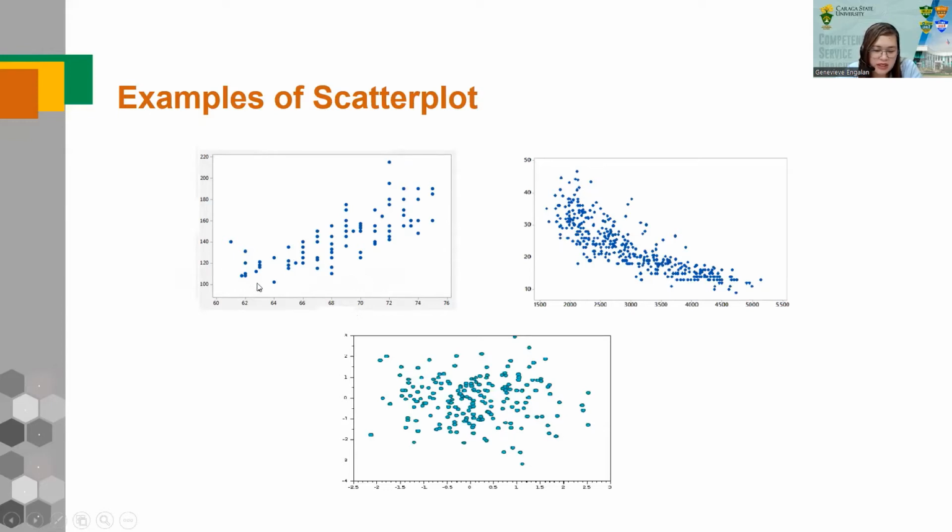So kung kitaon dire, this one has a trend, murag pasaka dito, no? So mag-taas ang x, mag-taas pud ang y, pasaka siya. So possible kung tanaw nato ang graph, possible nga naa siya direct relationship between the x and the y variable.